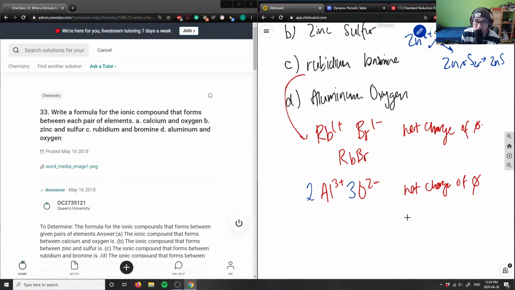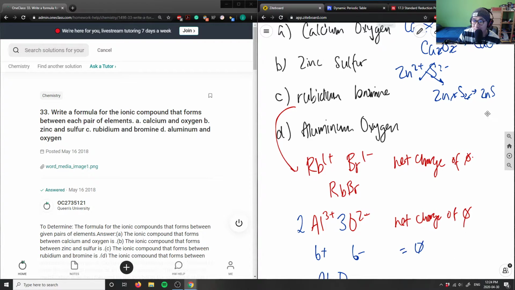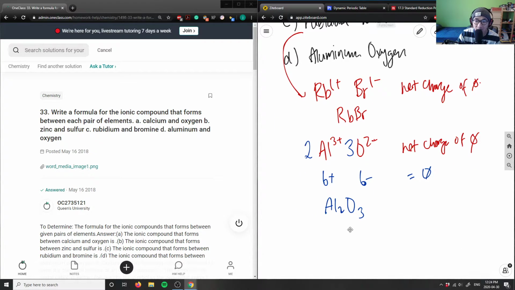That's 2 times 3+, which means aluminum would have a charge of 6+, and 3 times 2- gives me 6-. 6+ and 6- give me a net charge of 0. So I need 2 aluminums, and oxygen will have 3. So this is Al2O3, which is aluminum oxide. These are my correct answers: CaO, ZnS, RbBr, and Al2O3. So this will be my correct answer for this problem.